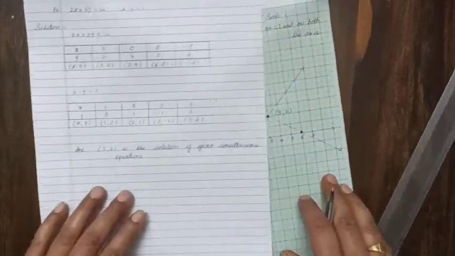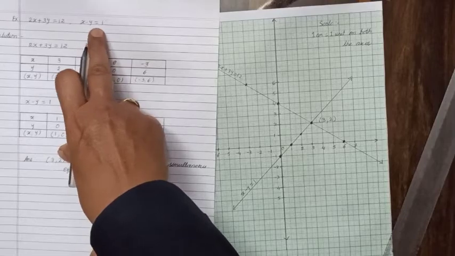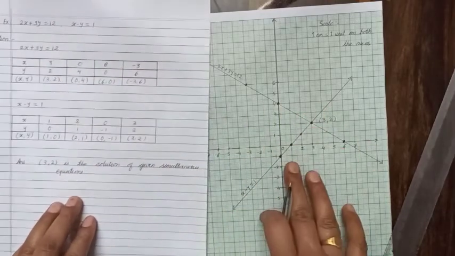Okay, so in this way we have solved the simultaneous equations in two variables by this graphical method.